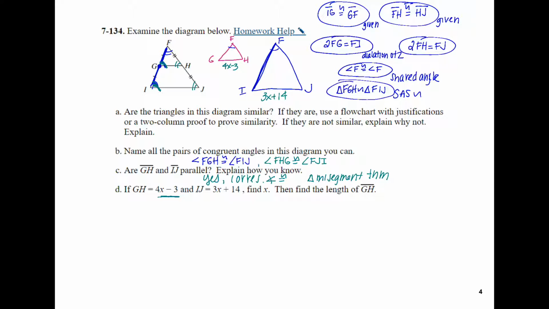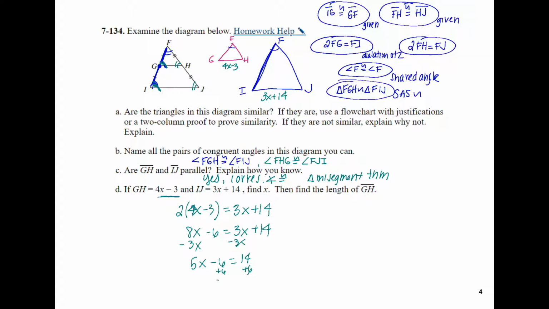Well, I know that my larger triangle is 2 times my smaller, so 2 times 4x minus 3 should be equal to 3x plus 14, the base of my larger triangle. So when I distribute, I get 8x minus 6 equals 3x plus 14. Using my inverse operations, I get 5x minus 6 equals 14.